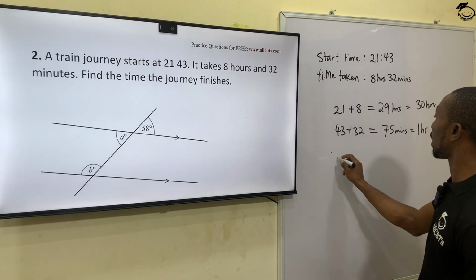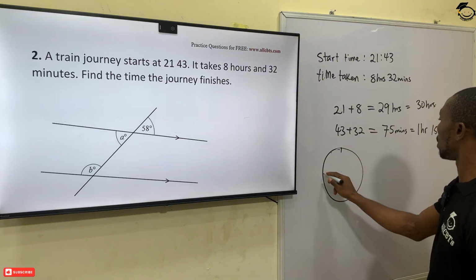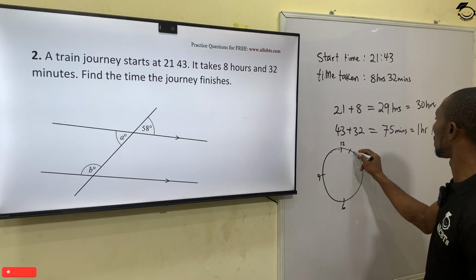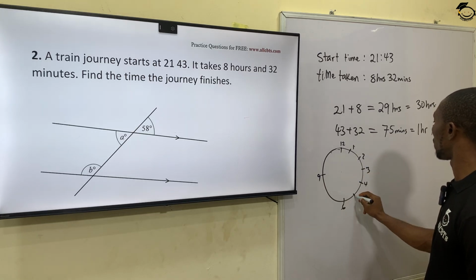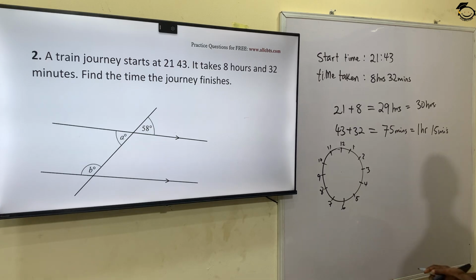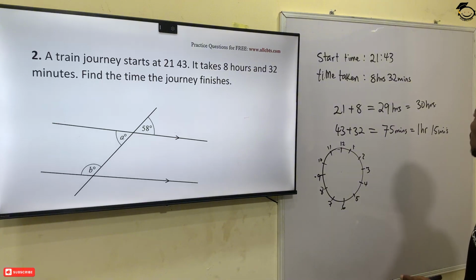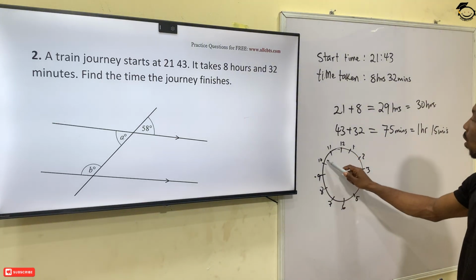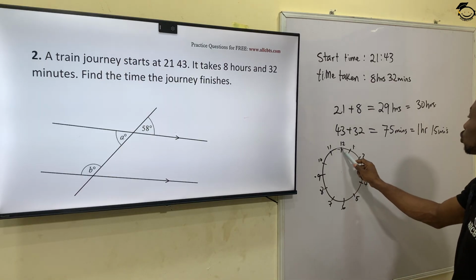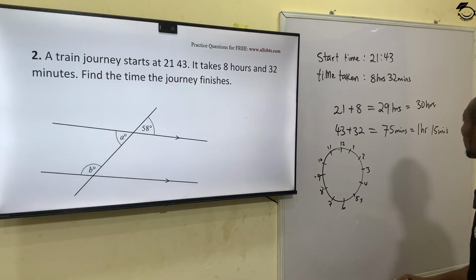If we have 21 hours, 21 is 9 o'clock. Counting 8 hours, we have 1, 2, 3, 4, 5, 6, 7, 8 hours, which gives us 5 o'clock.